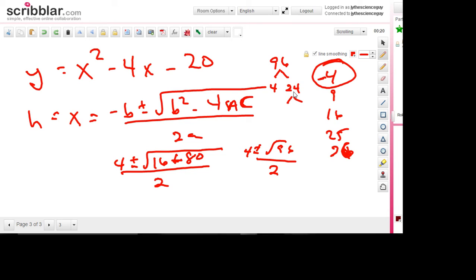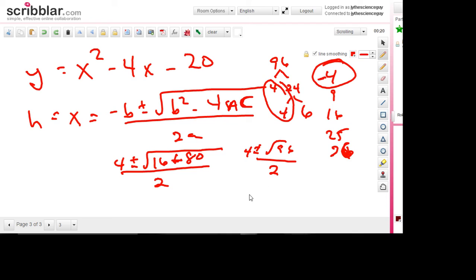9 goes into 24? No, that's 27. My brain's not functioning. 4 is the only one that goes into 24. 4 times 6. That's a pair. If you have a pair, they come together in pairs and they leave as 1.